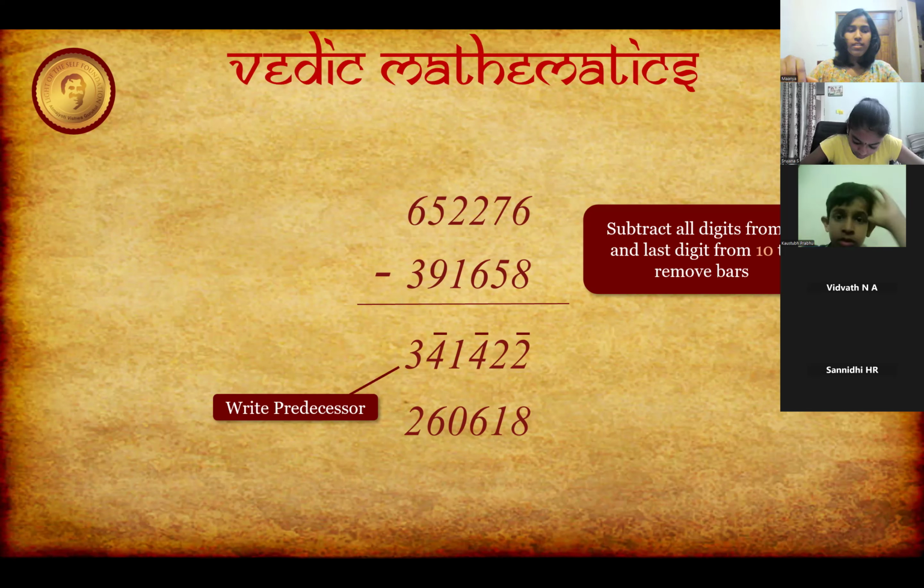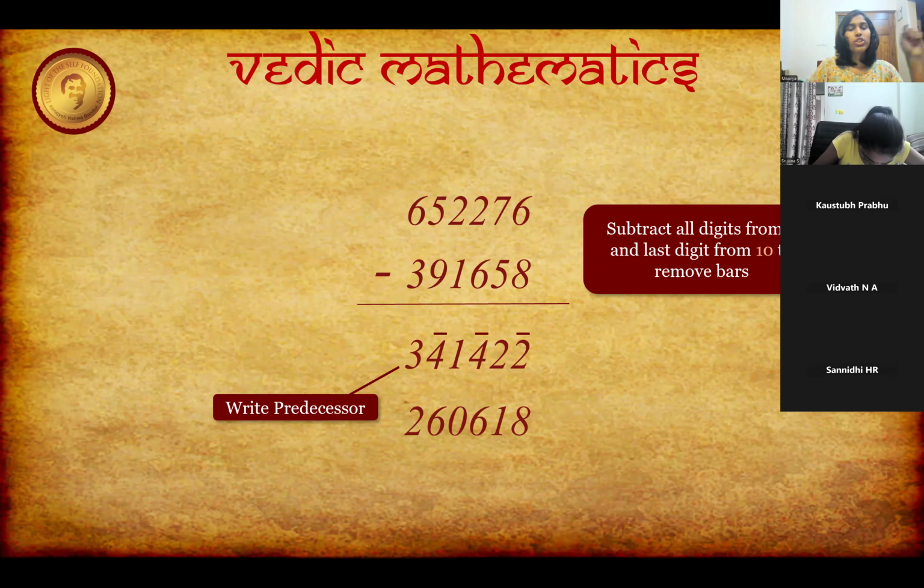To simply revise: if the bars are separate, you simply subtract from 10. If there are consecutive bars, you subtract the last one from 10 and the remaining from 9, and for all the numbers that are not barred, you write the predecessor.